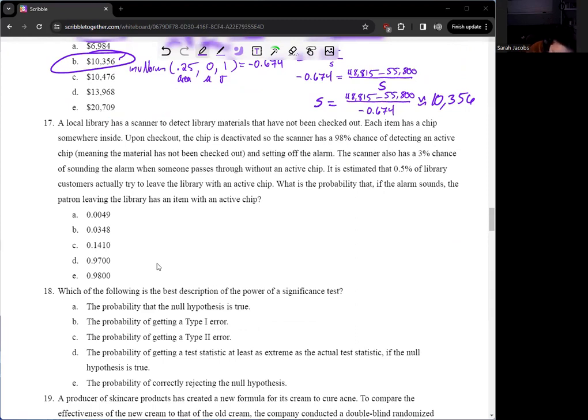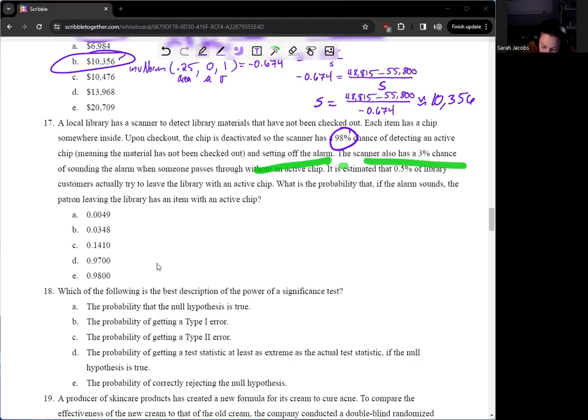Okay, so a local library has a scanner to detect library materials that have not been checked out. Each item has a chip somewhere inside. Upon checkout, the chip is deactivated, so the scanner has a 98% chance of detecting an active chip, meaning the material has not been checked out, and setting off the alarm.